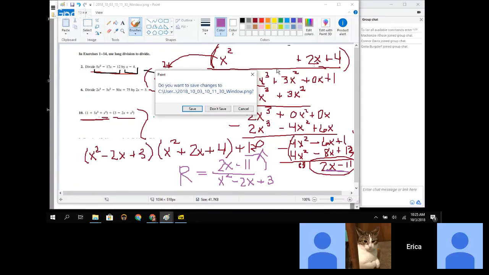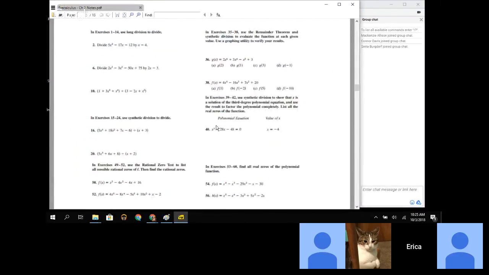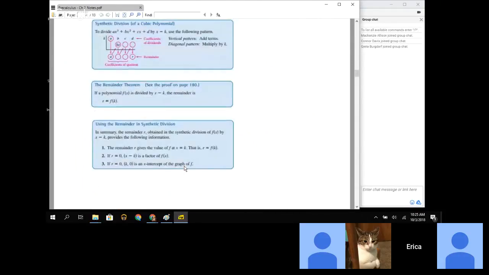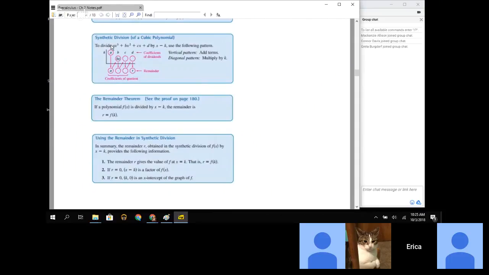And now we're going to learn yet another way to divide polynomials. So this is this picture right here. Okay. So say you had a polynomial that was ax to the third plus bx to the second plus cx plus d. And you're dividing it by x minus k.